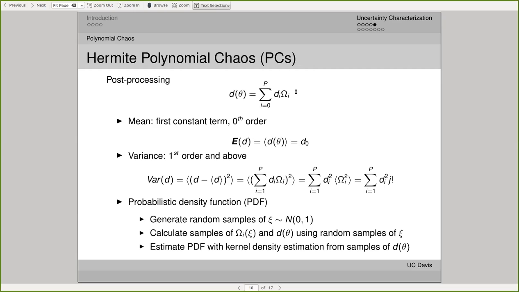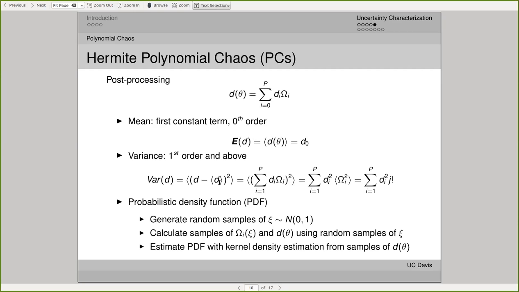And once we have a Hermite polynomial chaos representation, we can do a bunch of post-processing. First of all, we can calculate the mean of the original random variable. We just take the expectation, and it turns out it's only the first term of this expansion. And we can also calculate the variance of this random variable.